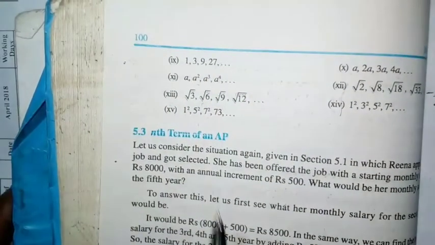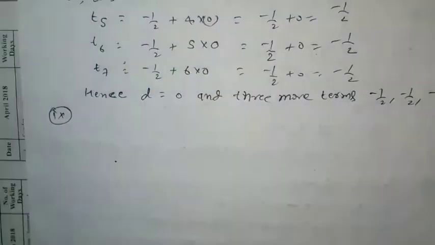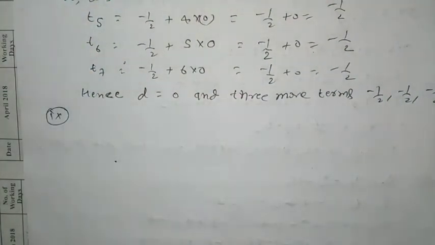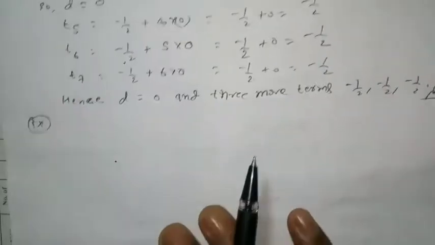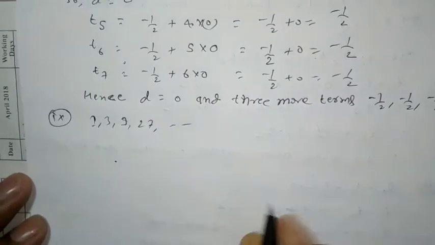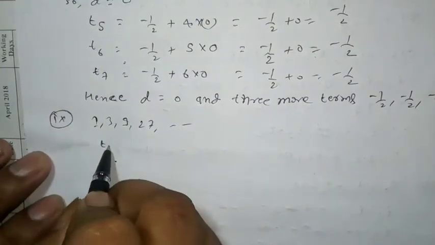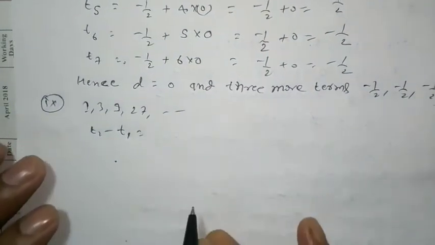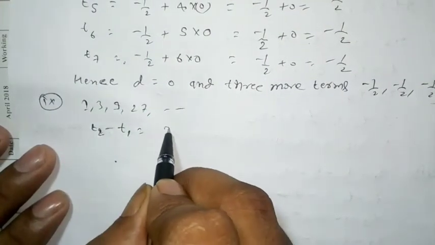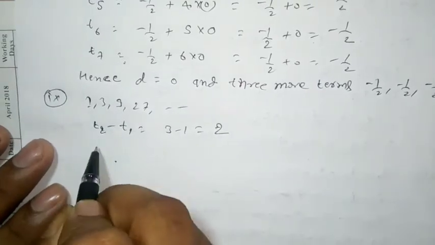Question number 9: 1, 3, 9, 27. Now T2 minus T1, that is second term minus first term, 3 minus 1 is equal to 2.